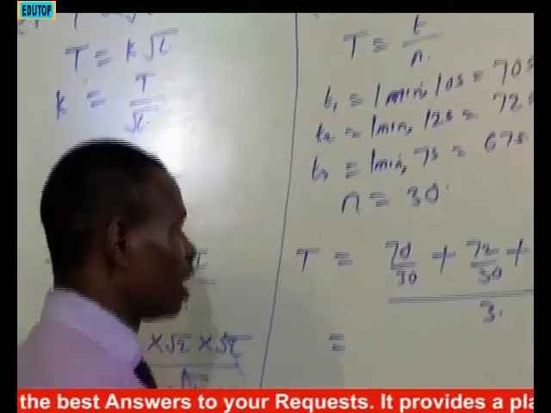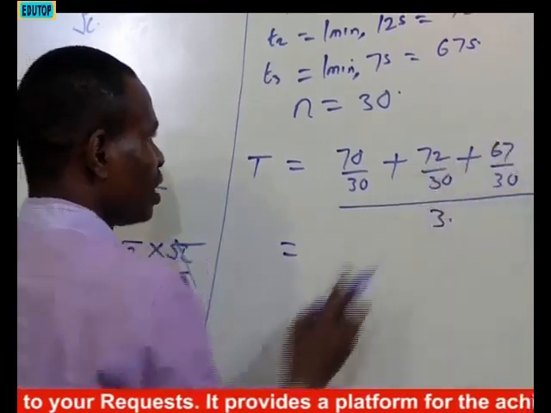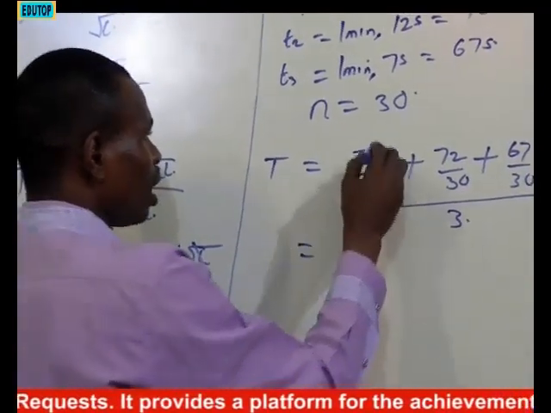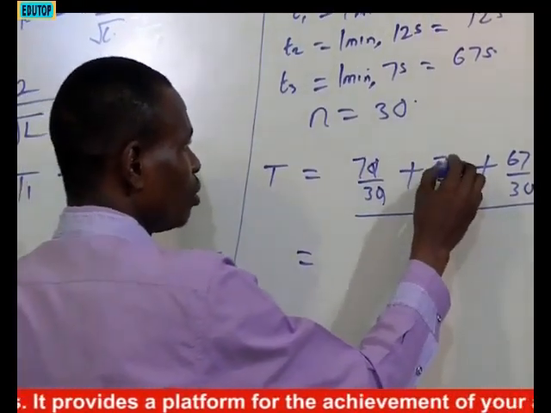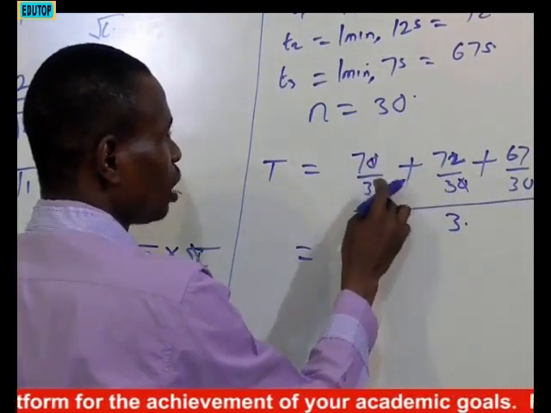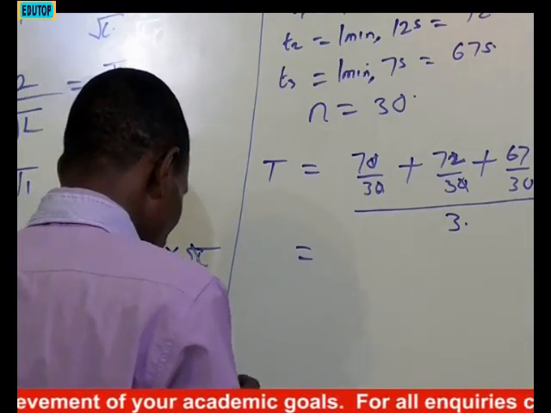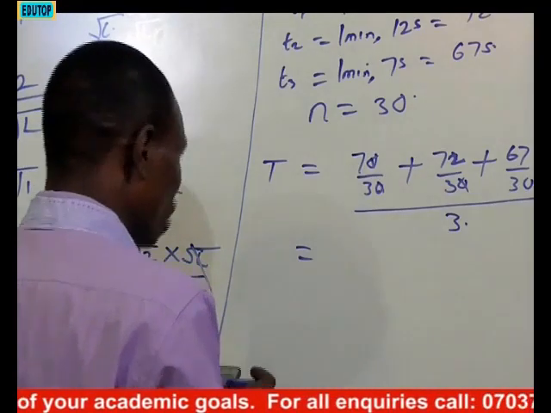Then what you are going to have here is this. We may not even cancel. Let's use our mathematical instrument to get the actual values.